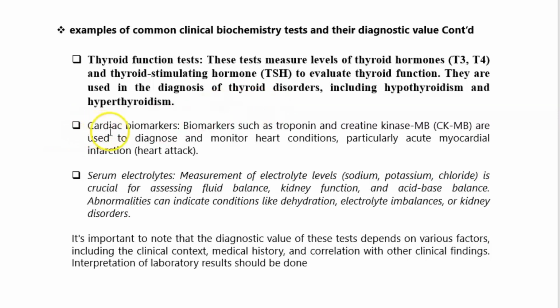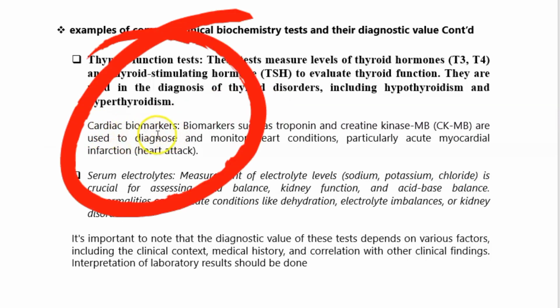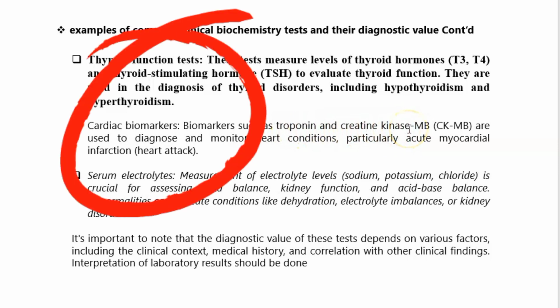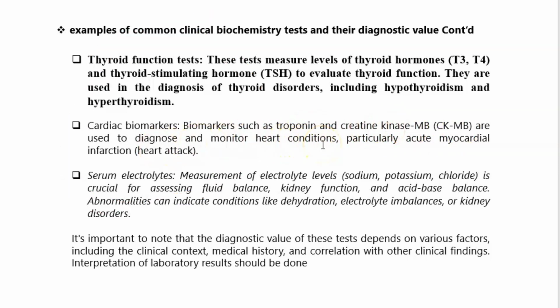We are continuing. Cardiac biomarkers. When we talk about cardiac biomarkers, such as troponin and creatinine kinase, they are used to diagnose and monitor heart conditions. The moment we hear cardiac, we refer to the heart. To monitor heart conditions, particularly acute myocardial infarction, heart attack.